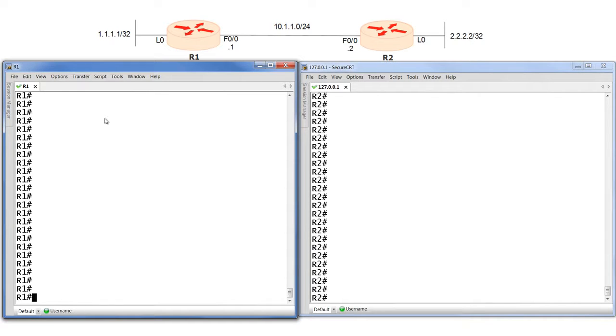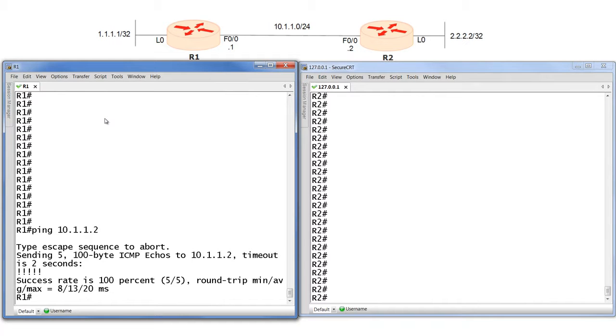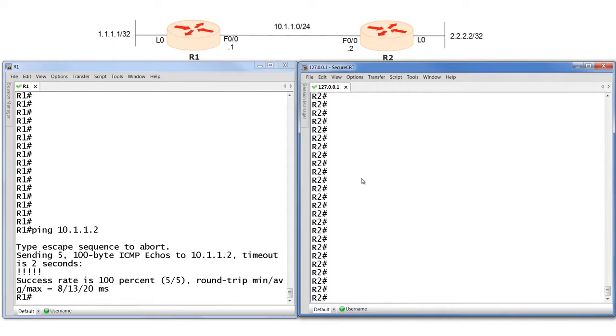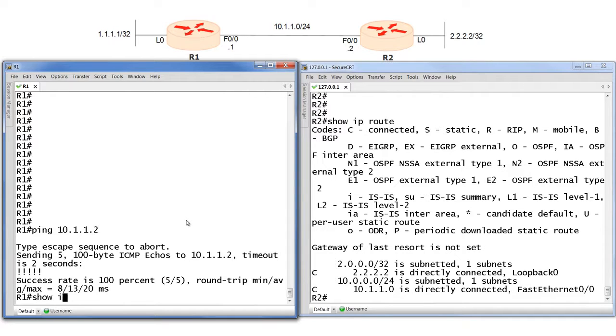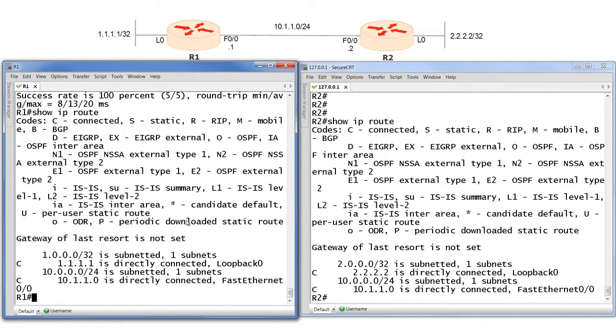So the first command I have for you is this one. The second command is show ip route, and this one I will run on both routers for you. And there is only one more command that I will give you, and then you have to identify what the problem is.